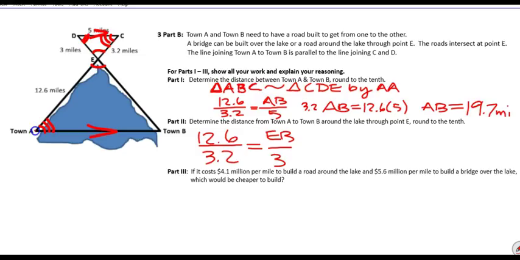Here again, we're going to cross multiply. So 3.2 EB is equal to 12.6 times 3. When we work that all through, we get that EB is equal to 11.8.